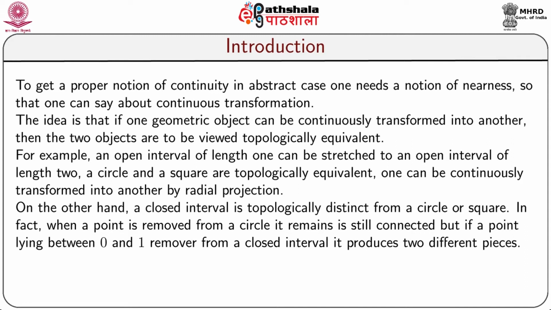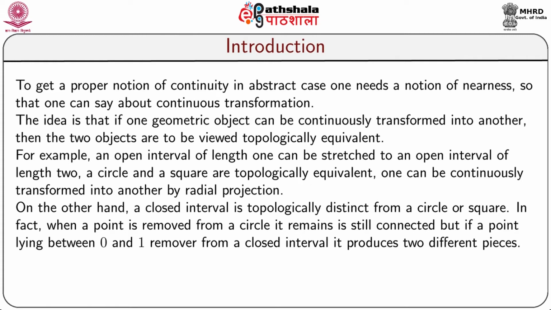For example, let us consider a circle. If we observe closely, that circle can be continuously transformed to a square or a triangle. So, they are topologically equivalent. Or let us consider an open interval of size 1. Then this open interval can be continuously transformed to another open interval of size 2.